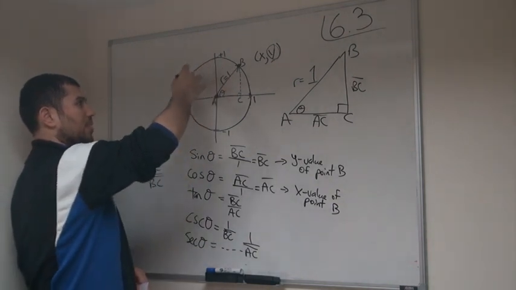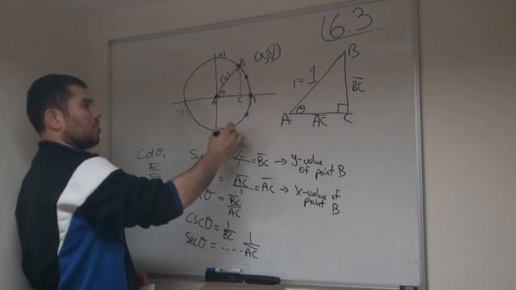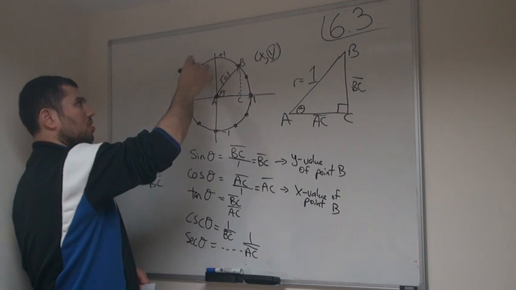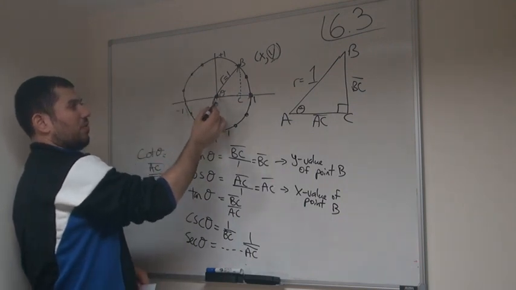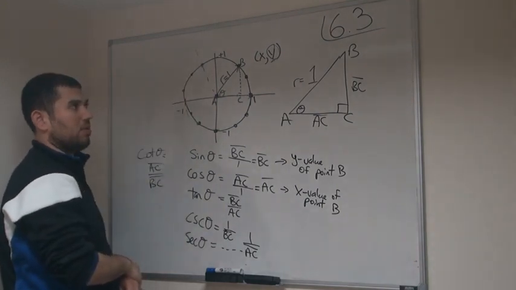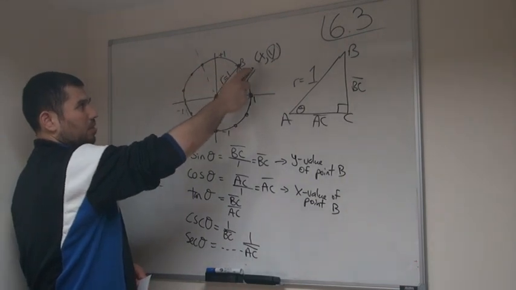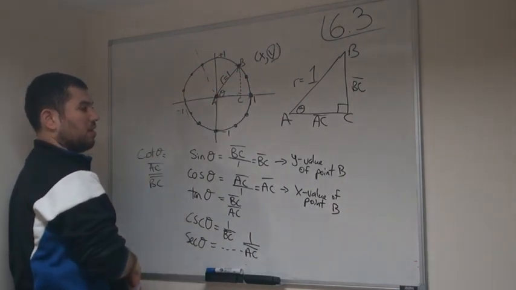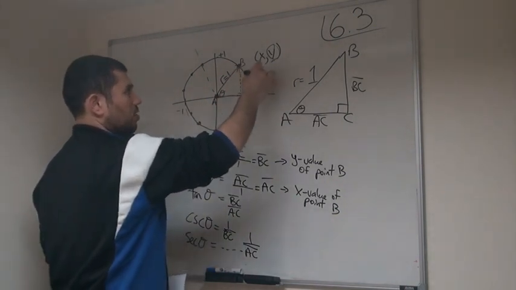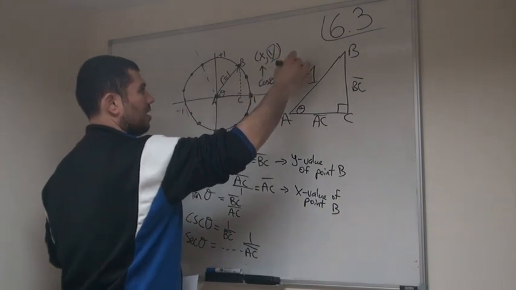So what this is telling me is, if I have a point that lies anywhere on a unit circle, and I had an angle that was formed by the initial side and the terminal side ending anywhere on the unit circle, the x value of that point would be the cosine of the angle theta. The y value of the point would be the sine of the angle theta. So x is cosine of theta, y is the sine of theta.